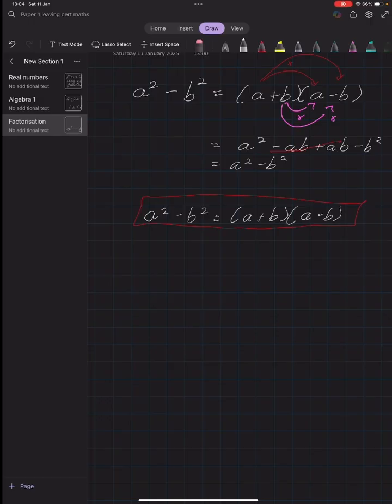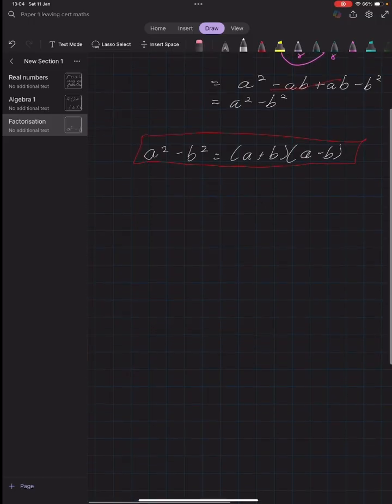Personally, whenever I see a minus between two things and I'm asked to factorize it, I instantly think difference of two squares. It doesn't have to be, but it should definitely run through your mind the second you see two terms.